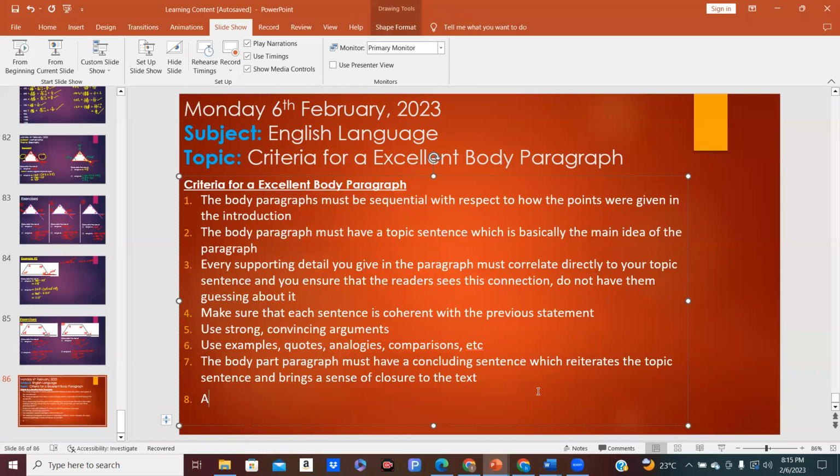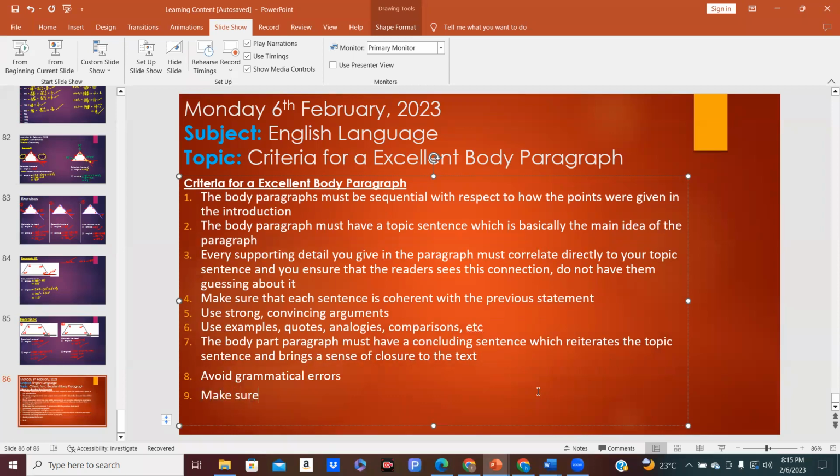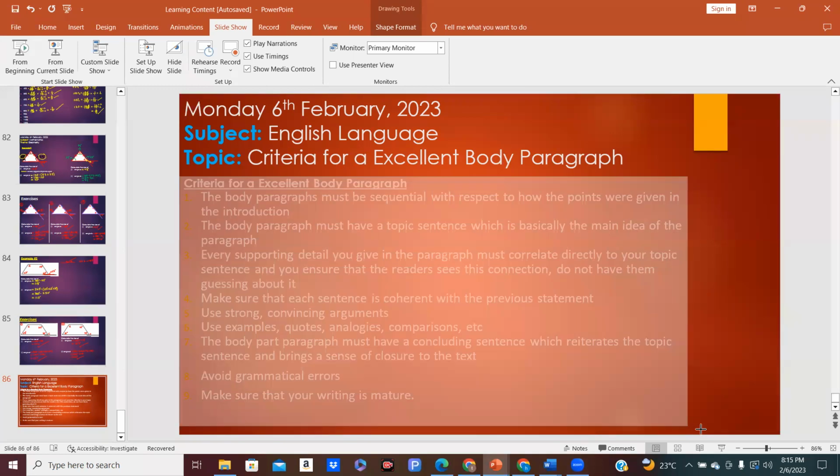We're adding just these 2. So you want to avoid grammatical errors. Okay, you want to make sure that your writing is mature. Okay, so that's some of the things that we're going to be asking with the criteria.